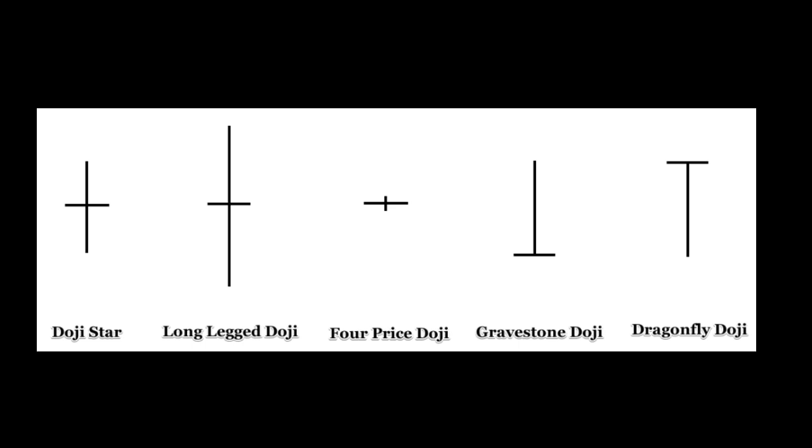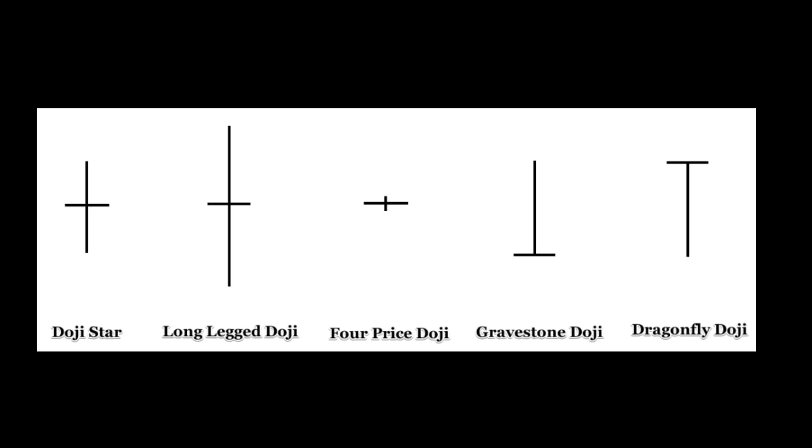Well, when the long-legged doji comes into motion, that means that there was a lot of price action in that candle, but neither the buyers nor the sellers could decide who wanted control. So it was kind of like a swinging motion. It was swinging back and forth until that very close, and no one won. This also signifies indecision.